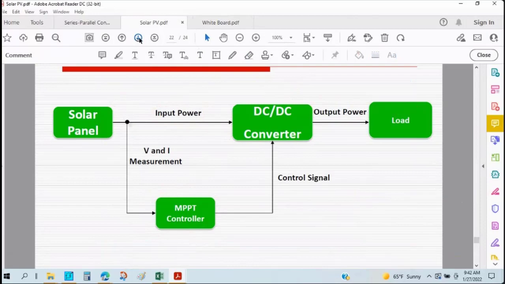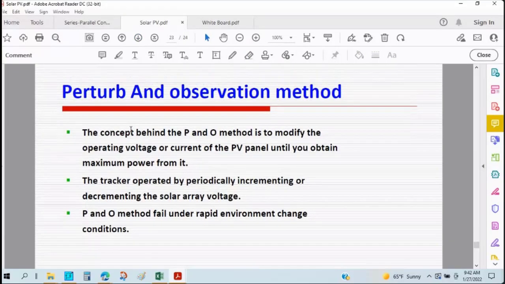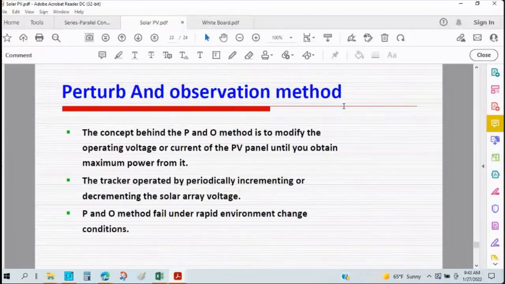There are many methods, but I'm not going to cover them all. One of the most widely used methods for the MPPT controller is the perturb and observe method. As I have mentioned already, our objective is to track the maximum power point by varying the operating voltage.